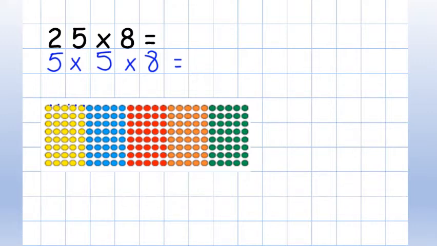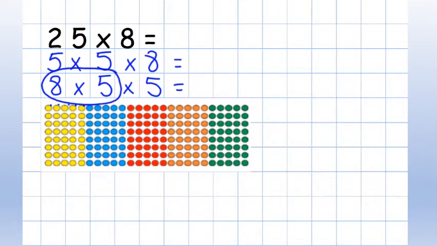So I'm going to swap that calculation around using that associative law. And I'm going to write my calculation as 8 times 5 times 5, because we know our 5 times table. So in our 5 times table, 8 times 5 equals 40. And 40 times 5, ooh, head scratching, but no it isn't. Because what's 5 times 4?